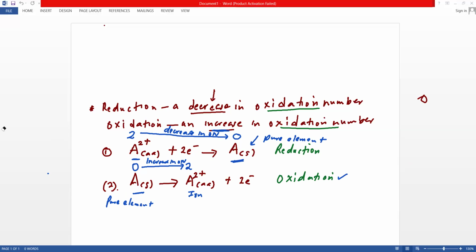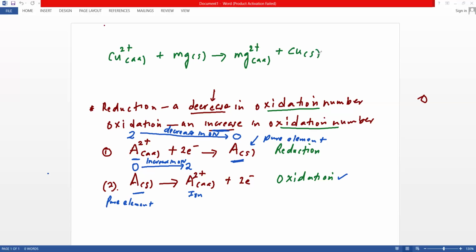Imagine you are given the following: copper ion plus magnesium. And this gives rise to magnesium 2+, in aqueous solution, plus copper as a solid.